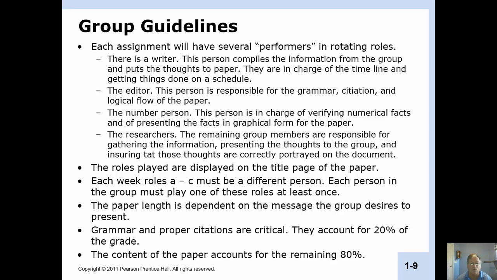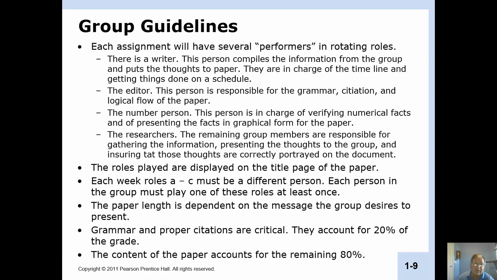That's the remaining group members. They're the ones that are gathering the information, presenting thoughts to the group, and ensuring that those thoughts are correctly portrayed on the document. The roles that are displayed here are on the title page of the paper.